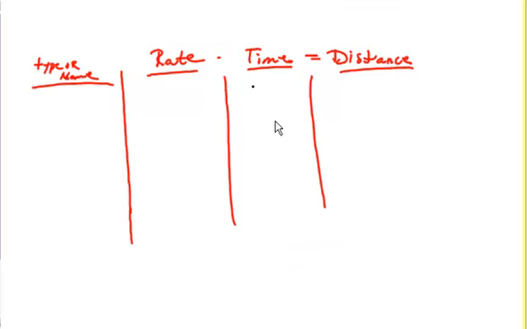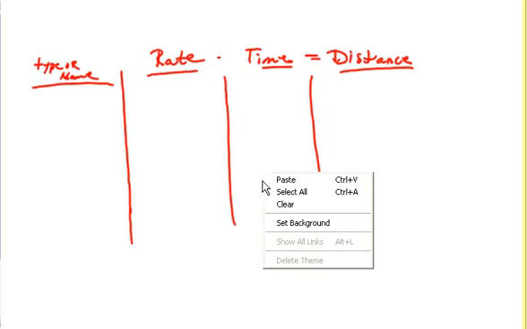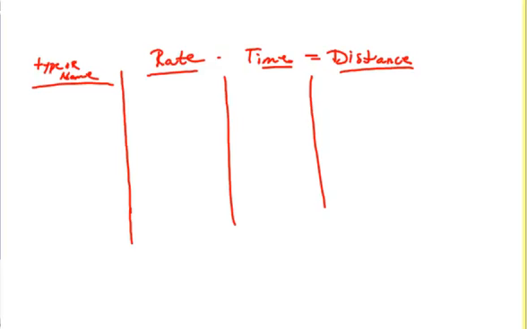So let's look at example 3 on page 118. Two cars, one traveling 10 miles an hour faster than the other.